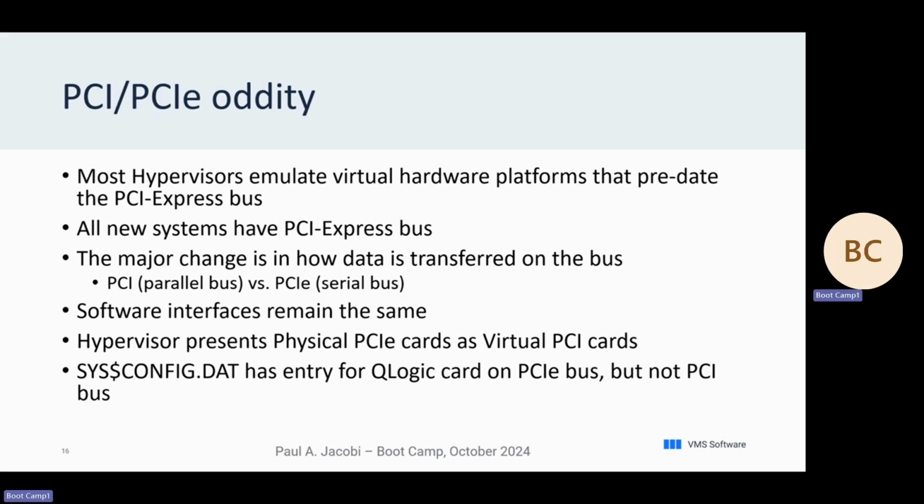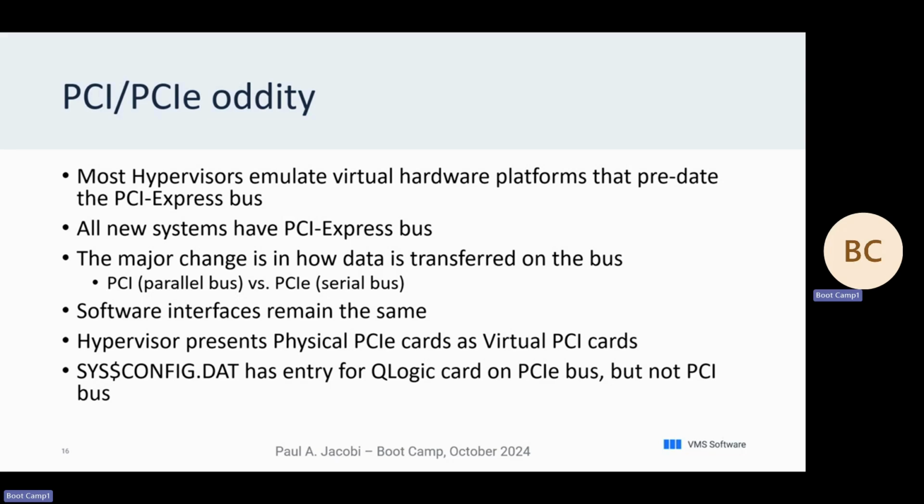So the problem here is that most hypervisors emulate hardware models that predate the PCI Express bus. However, all brand new systems only have PCI Express buses on them. But the good thing here is the major change between PCI and PCI Express is in the very low level of how data is transferred on the bus.